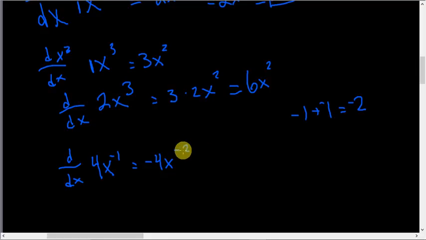And of course another way to write this, if you have a negative exponent, is you could put it in the denominator and make it positive. So you could also write negative 4 over x squared.